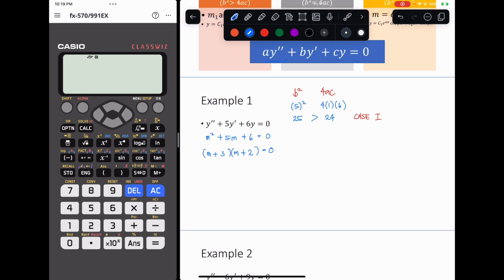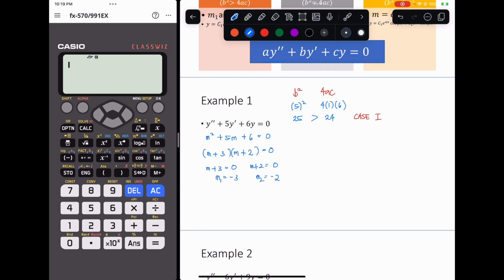So 3m plus 2m would make it 5m. Thus we could have m plus 3 equals 0, so our first root will be negative 3. Then m plus 2 equals 0, so our second root would be negative 2.